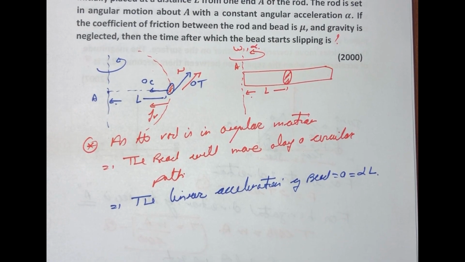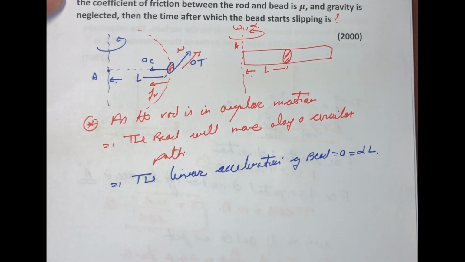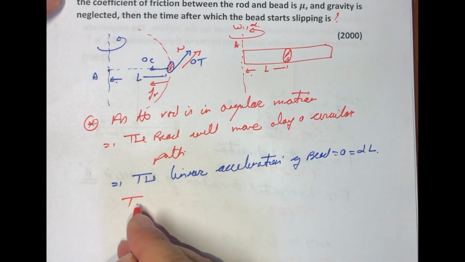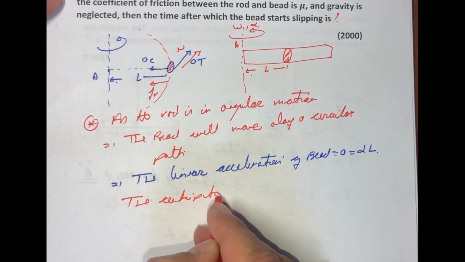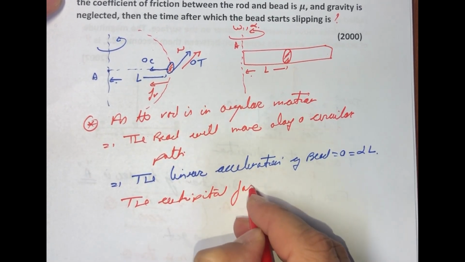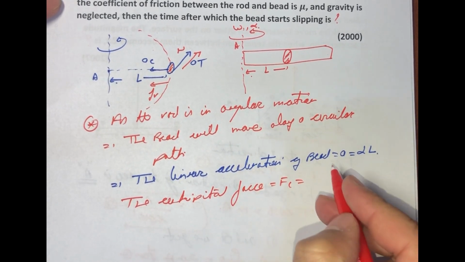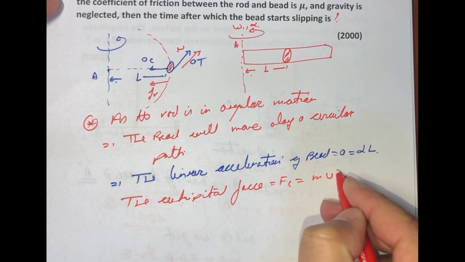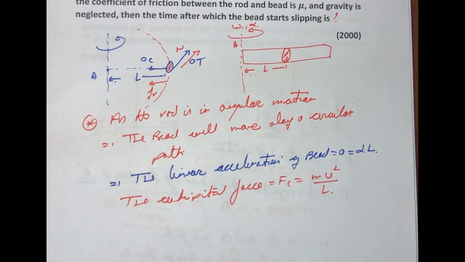And we can also say the centripetal force that will be acting on this bead, Fc, will be equal to m v square divided by L, where v is the linear velocity.